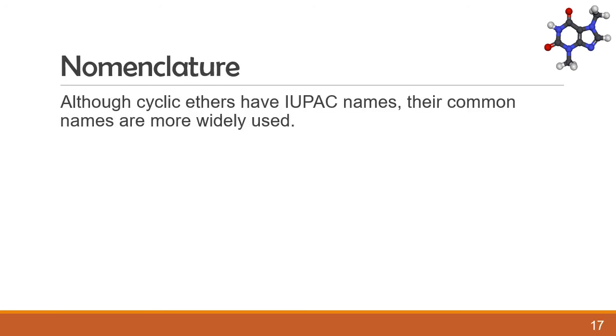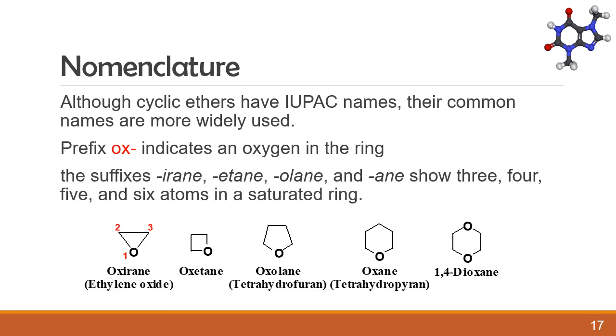Although cyclic ethers have IUPAC names, their common names are more widely used. In the common naming system, the prefix ox is used to indicate the presence of an oxygen in the ring. The suffixes irane, etane, olane, and ane show 3, 4, 5, and 6 atoms in a saturated ring respectively.